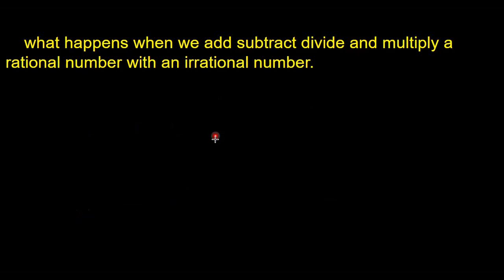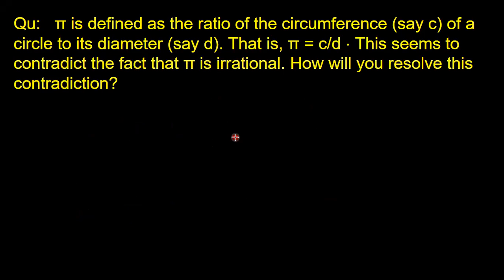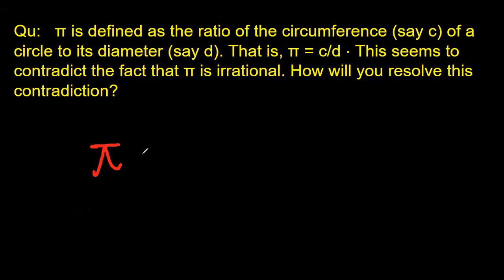Having said this, I would like to ask you a question. Pi is defined as the ratio of the circumference. Look, the definition of pi. Pi is a beautiful number, right?